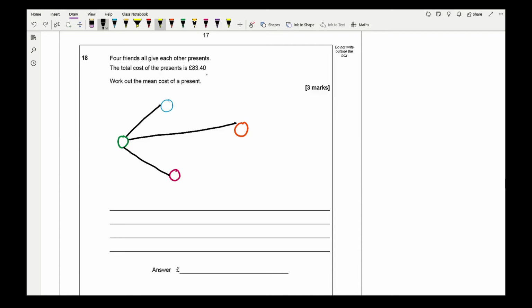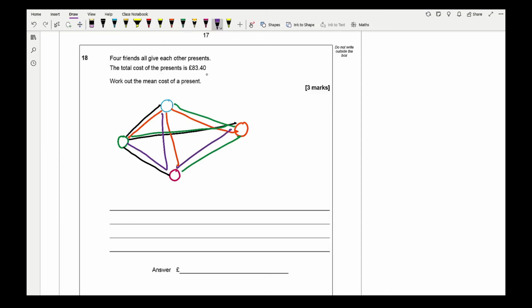And then blue is going to give 1, 2, 3. Then I should have really done it from the colours of what I gave each person.